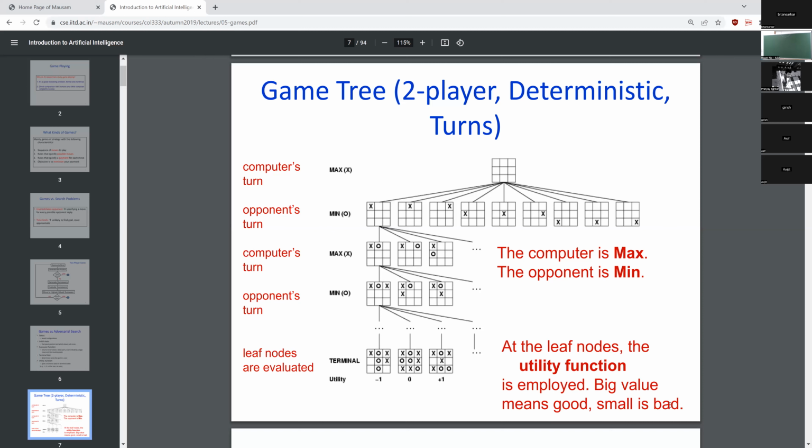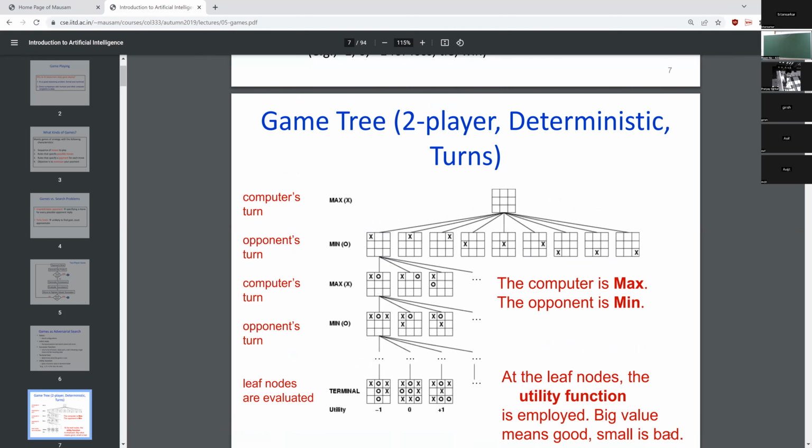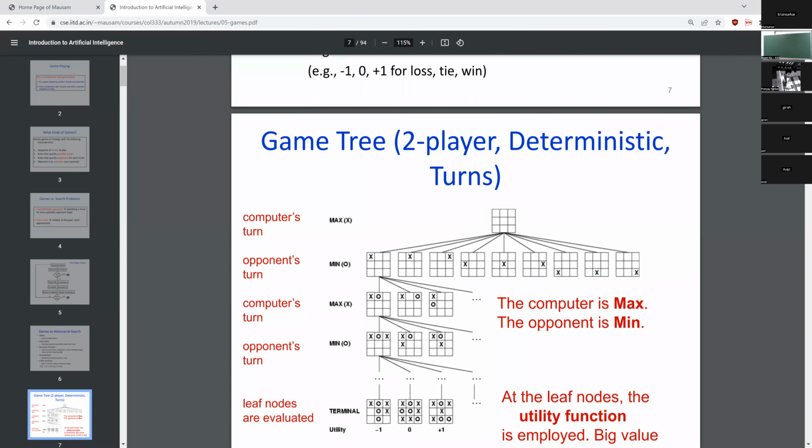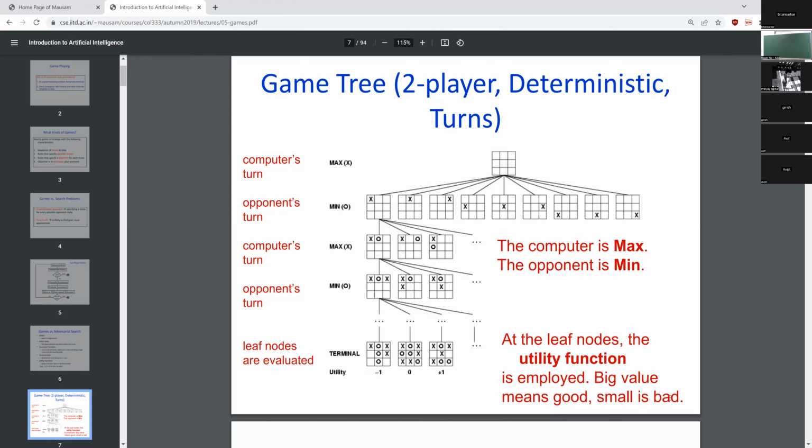Why maximum? Because we are assigning +1 to a state which is a winning state for the computer. So the computer will try to have a strategy of playing such that it maximizes the utility function of the terminal state, and that's why the name max is associated with the AI agent.